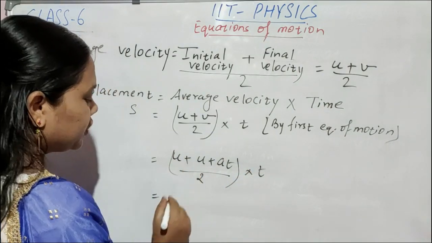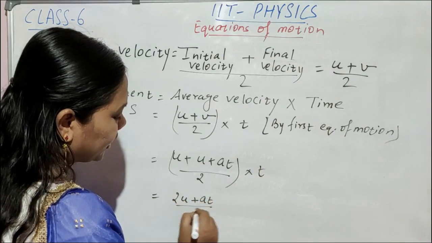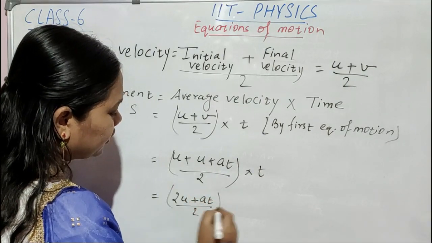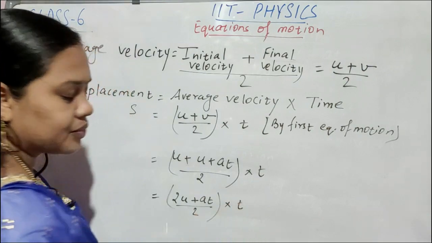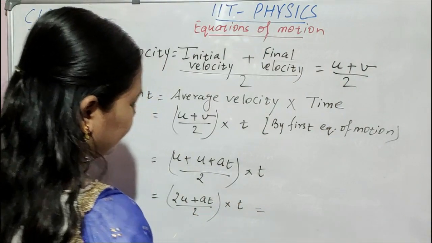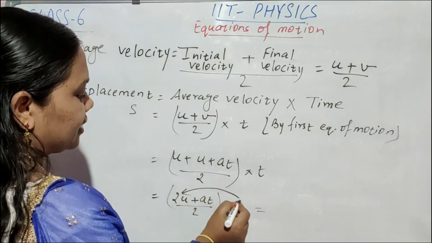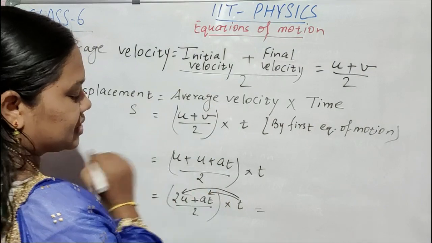Now u plus u, 2u plus at, by 2 into t. We have to simplify here. You see, children, t is multiplied by this term also and t is multiplied by this term also.